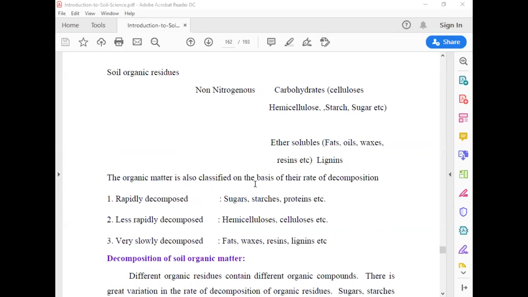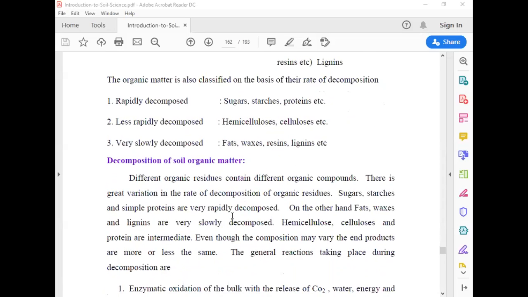Less rapidly decomposed organic matter includes hemicellulose and cellulose. Very slowly decomposing organic matter includes fats, waxes, lignin, etc.